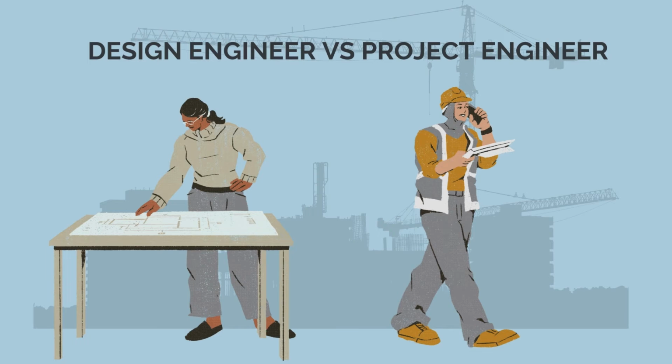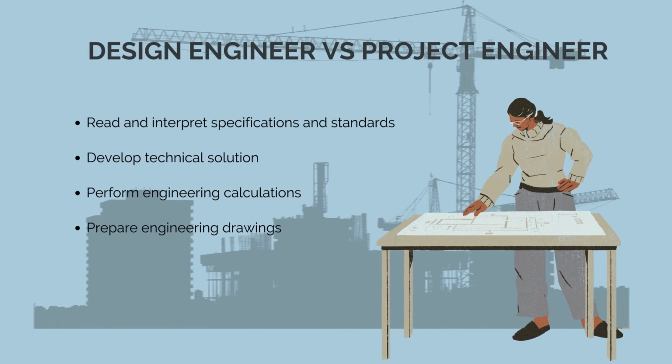A super common misconception about project engineers is that we're the same as design engineers. That's not true. Project engineers complete a very, very different job to what a design engineer completes. Design engineers create drawings.